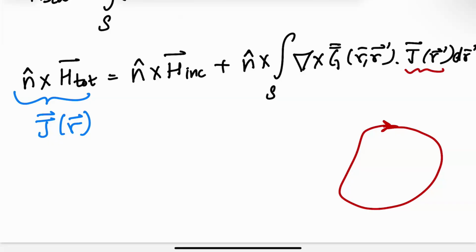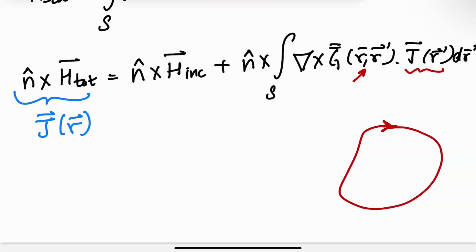Right? So in order to solve this, you need to equate these two at some point. At some point, r will be equal to r prime, and there, the curl of this Green's function blows up to infinity. So we want to remove the singularity.